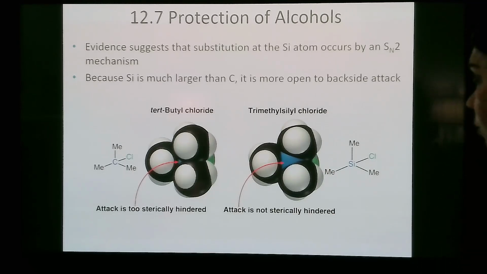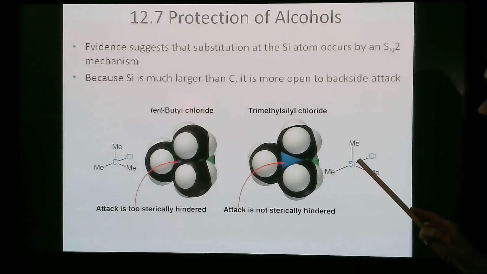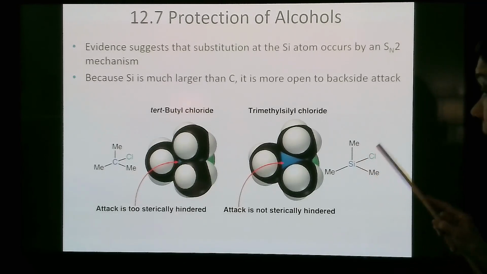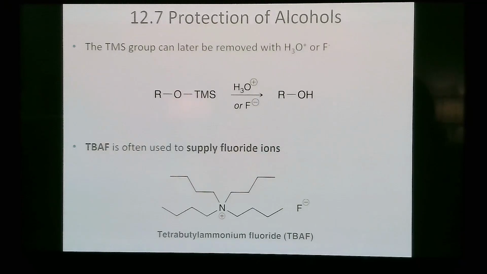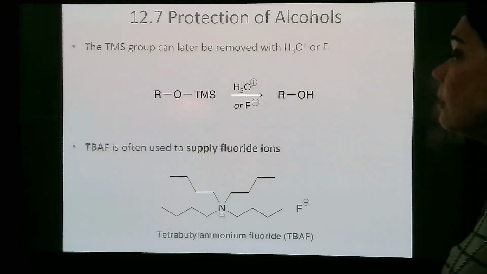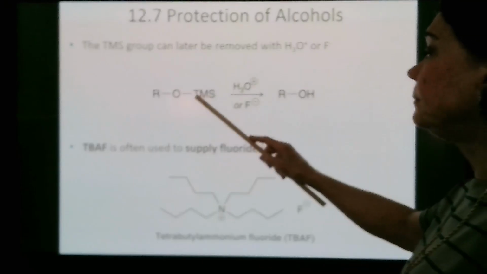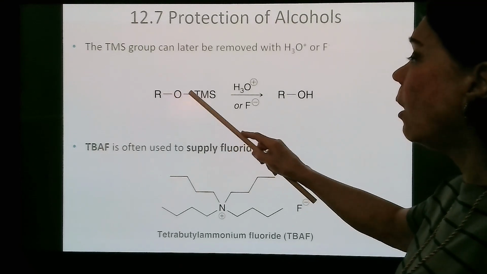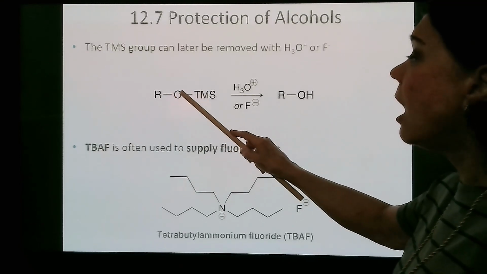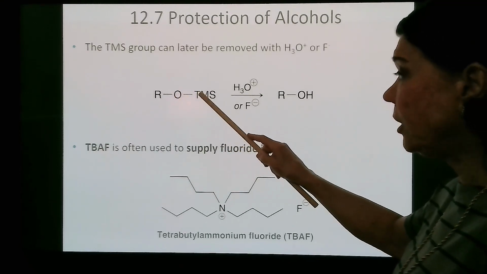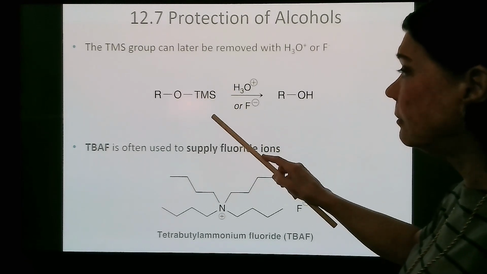And what that will do is you will break the silicon-chlorine bond or the silicon-oxygen bond in the case of a protecting group. So let's look at this. Now, notice here you have ROTMS, so this has an oxygen, silicon, methyl, methyl, methyl.